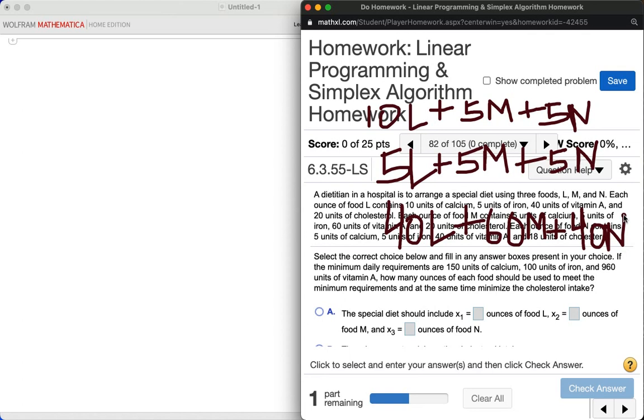So those values, 150, 100, and 960, become the coefficients of the new objective function that we're going to maximize. And then the cholesterol function, which is equal to 20L plus 20M plus 18N, those coefficients, 20, 20, and 18, are going to become the resource values in my new constraints of the new maximization problem.